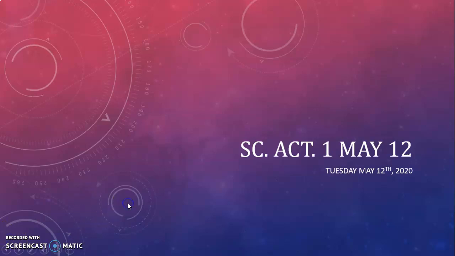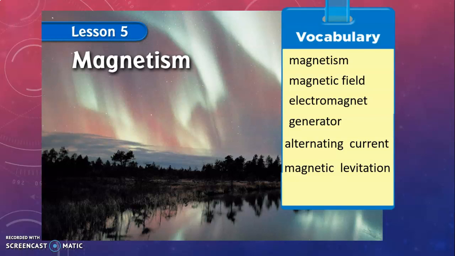Okay, so today we're going to talk about magnetism. We are in lesson number 5. The vocabulary that we're going to check for today is number 1, magnetism. Okay, repeat after me. Magnetism. Number 2, magnetic field. Repeat.